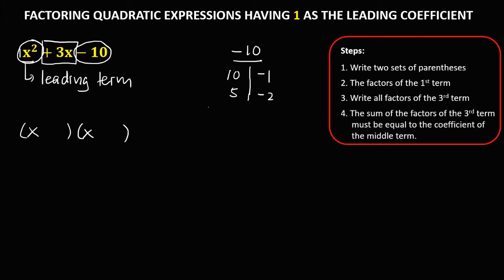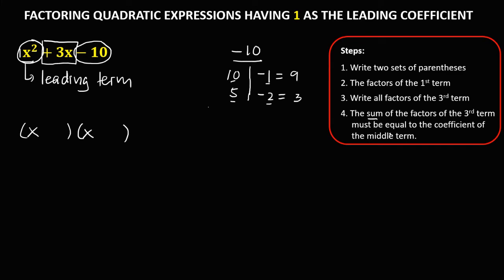Then the sum of the factors of the third term must be equal to the coefficient of the middle term. So we need to add the factors of the third term. We have 10 plus negative 1, that's positive 9. Then 5 plus negative 2, that's positive 3.